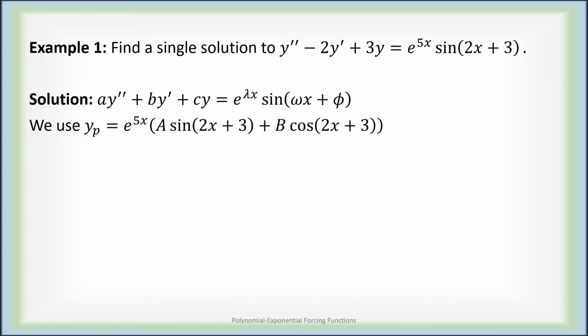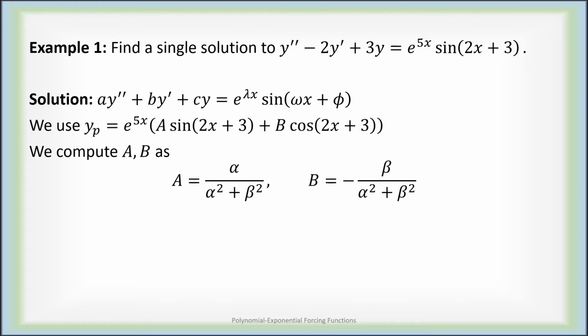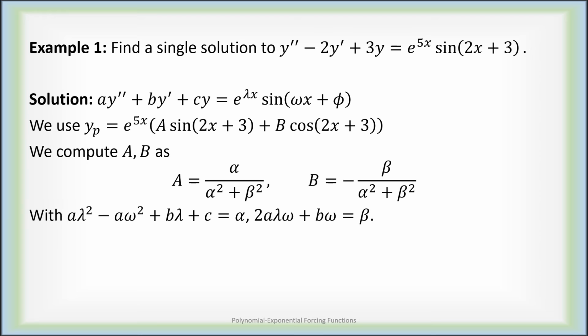All we have to do is solve for capital A and capital B, which were computed as quite explicit formulas: alpha over alpha squared plus beta squared and negative beta over alpha squared plus beta squared, respectively, where alpha and beta themselves had explicit computations to derive them. So we just have to match term by term what we have here.